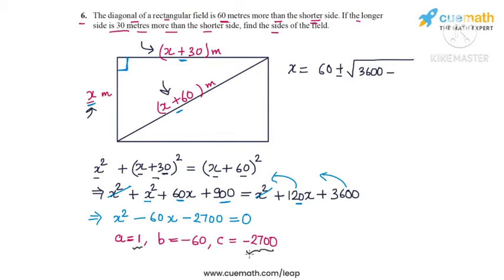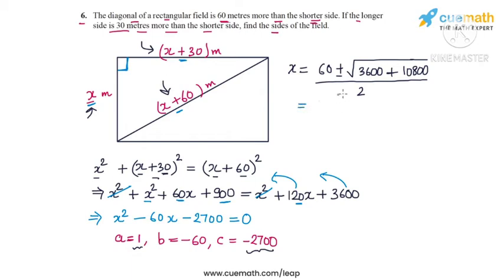So minus 4 into minus 2700 becomes plus 10,800. So this is what I get under the square root sign, and then in the denominator I will get 2a, which is 2 times 1, or 2. So if you did not follow this step, just pause this video for a moment and make sure you understand how I calculated the discriminant.